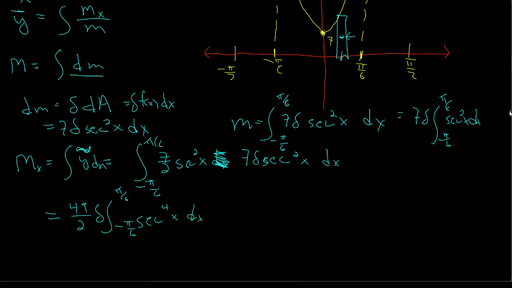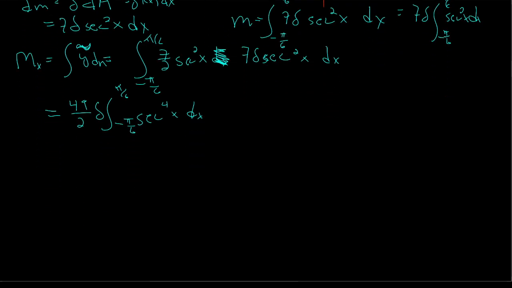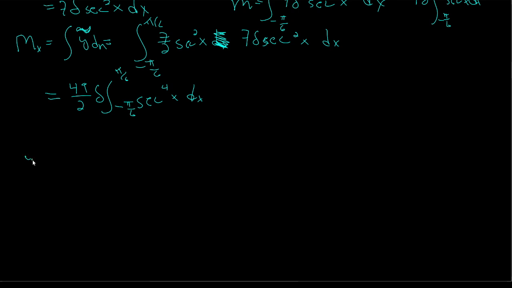So all said and done, our center of mass in the y direction, y bar, equals the moment about x over the mass function. And so we're going to have 49 halves, negative pi over 6 to pi over 6, secant to the 4th.